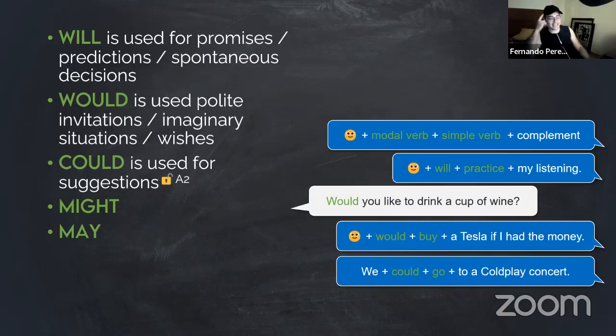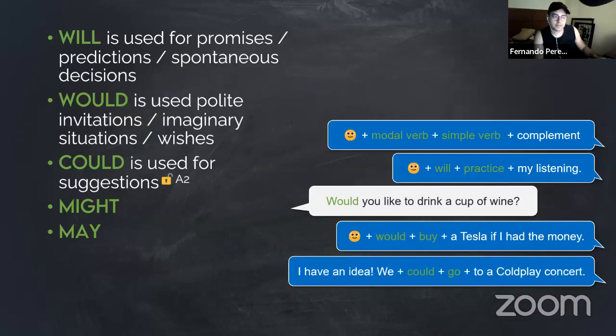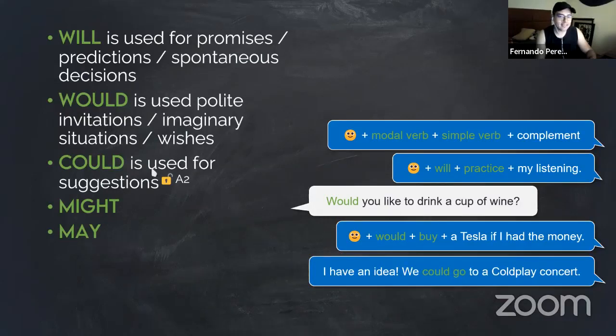And this is an idea. I have an idea. We could go to a Coldplay concert. When you have ideas, you are suggesting plans.